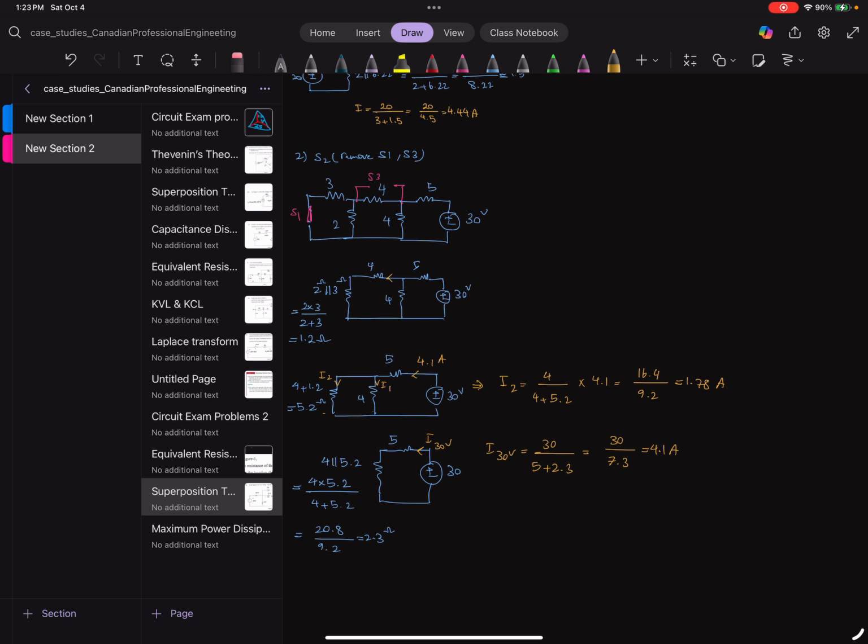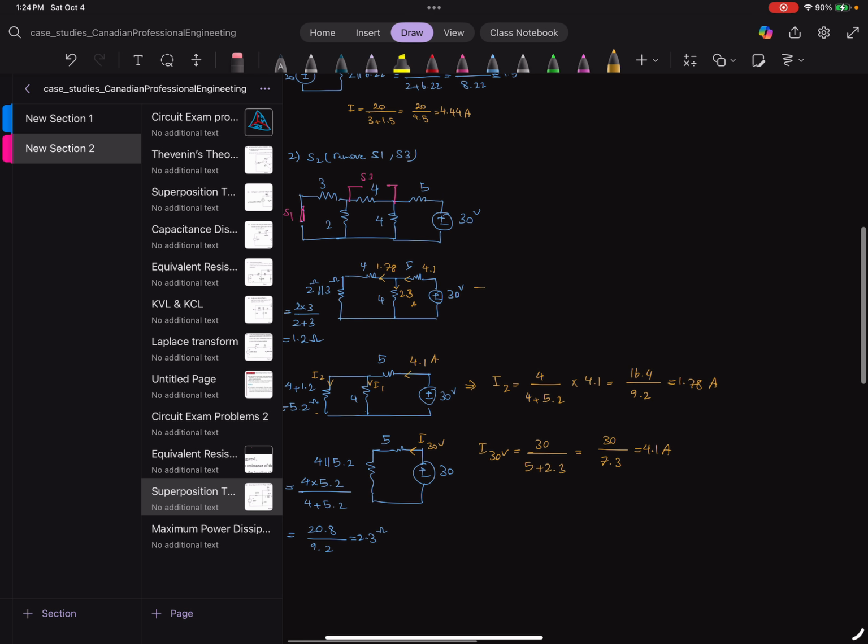So here we have 1.78 amp going this way, and this is 4.1 amp, right? And then about 2.3 amp goes this way.